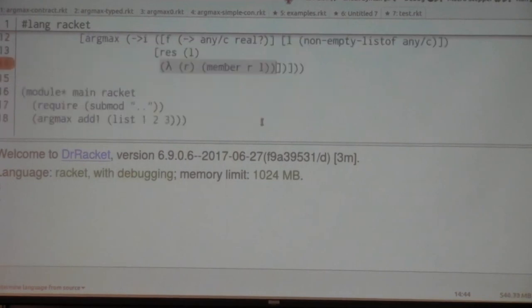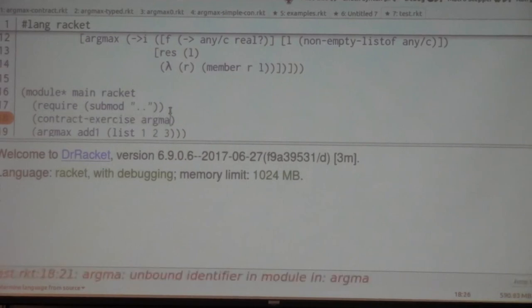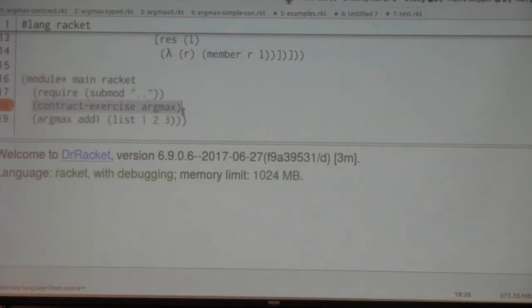One fun thing to do is, let's see if this works. So this ran Argmax with a bunch of random inputs that satisfy the contract, and sees if we ever get any failures.